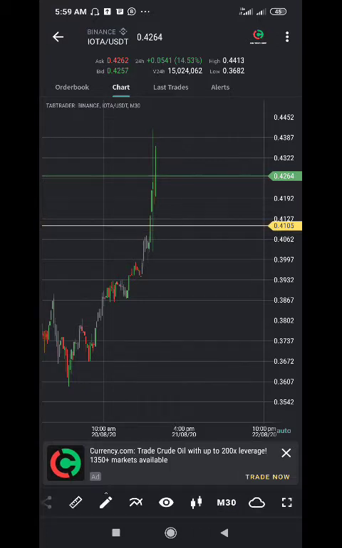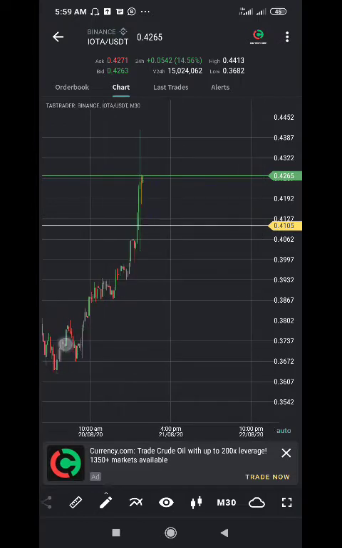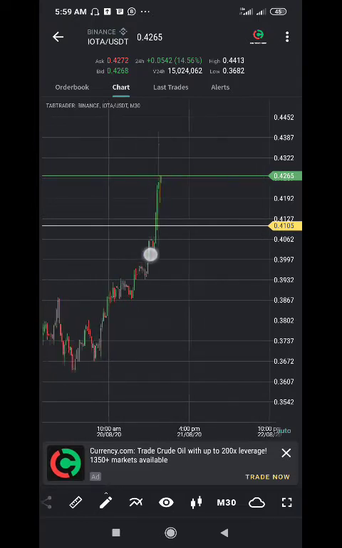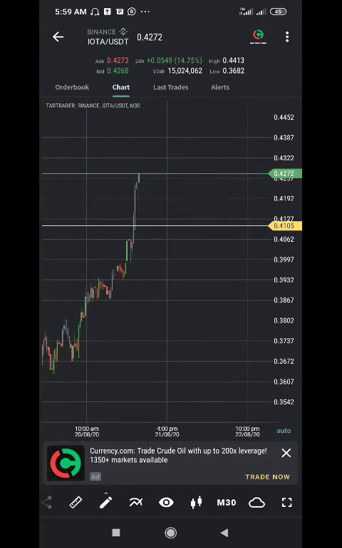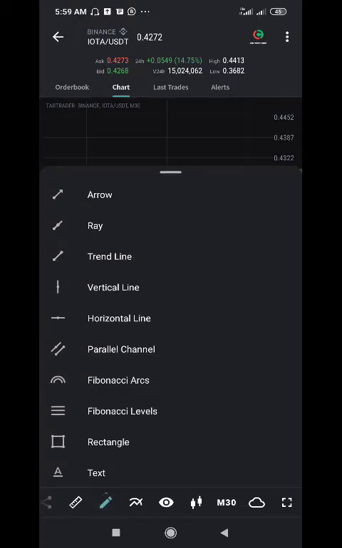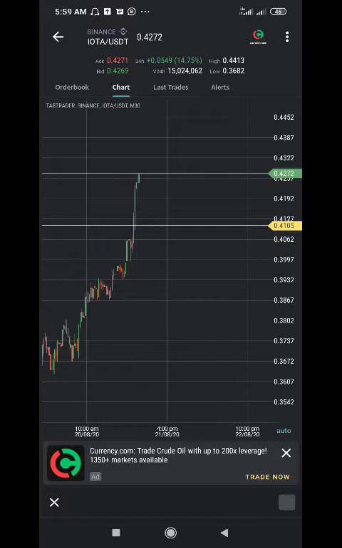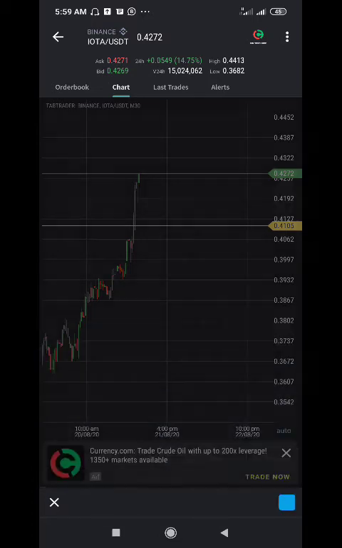I don't want it to drop below 0.41. Do you understand? Maybe I bought here, so I don't want to lose all these profits I've made from this to this level. This is the loss I can bear from this market. Let me draw another horizontal line to show you something else again, and let me use blue.